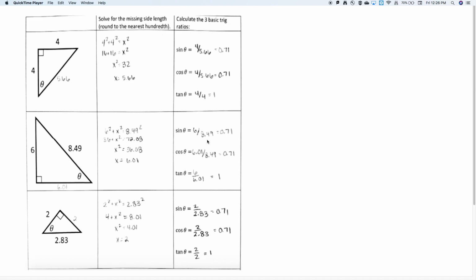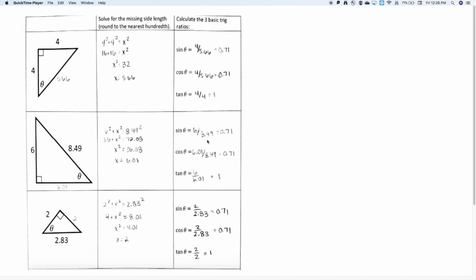And then in the second triangle, I found my missing side to be 6.01 because of my rounding choices. The exact value is actually just 6. It really doesn't matter which one you use in your ratios. What you should notice is sine is 0.71, cosine is 0.71, and tangent is 1. We're very close to those things.